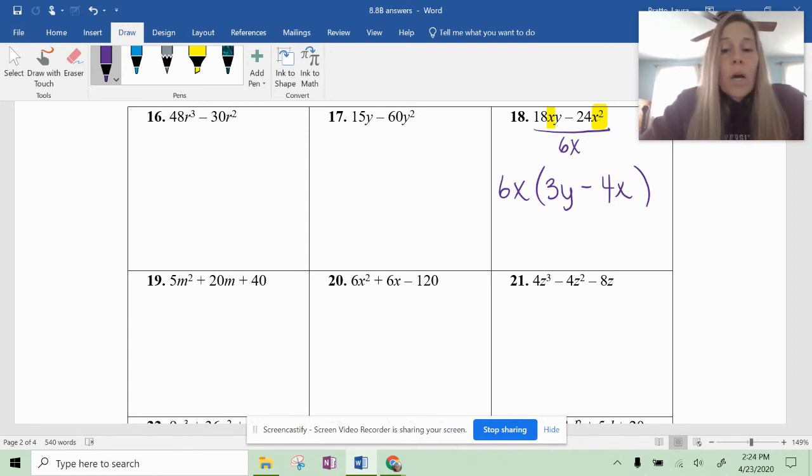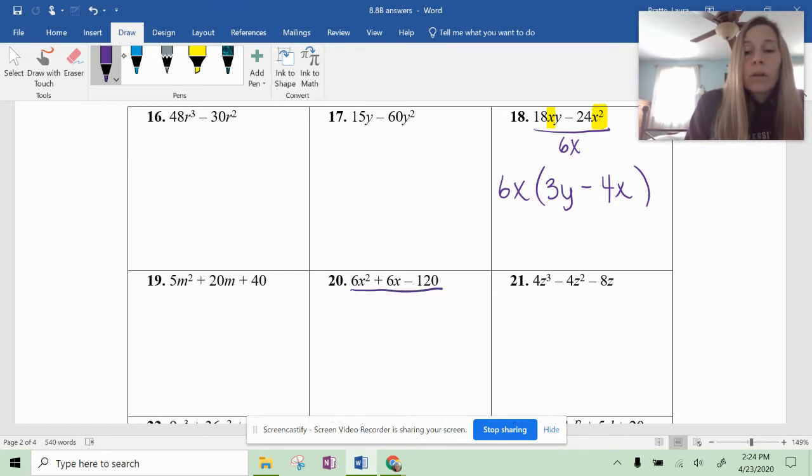All right, so let's see. Moving down to, let's try number 20. For number 20, I can take out a GCF of 6. That's the only thing they all can be divided by. The 120 doesn't have an x, so I can't take out an x.